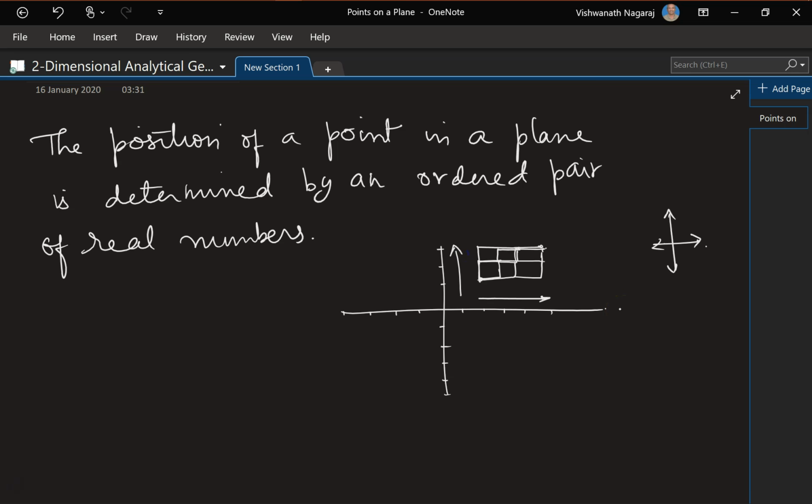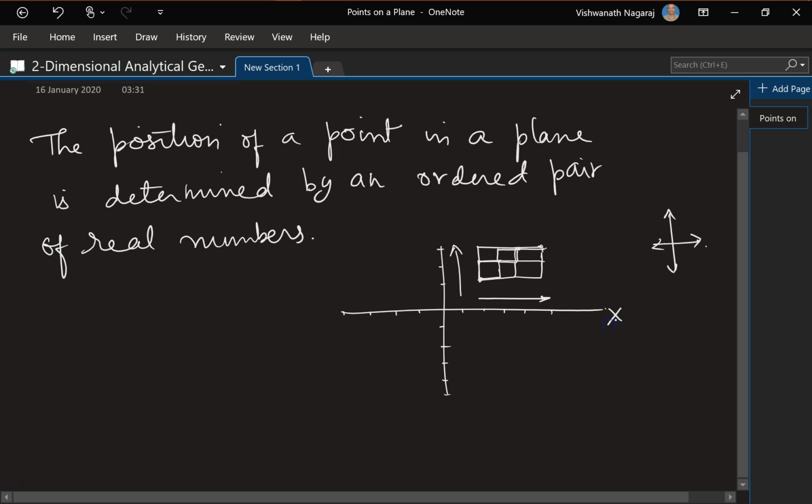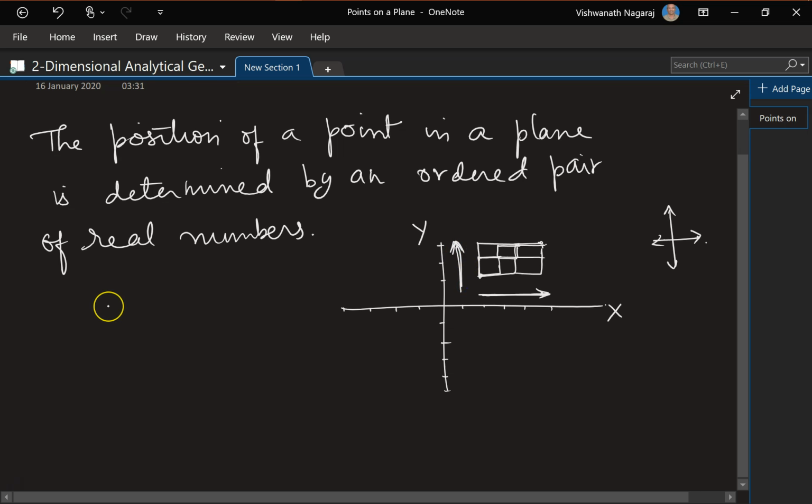Okay. And we also know that this is called the x-axis and this is called the y-axis. So what it boils down to is so many steps in x direction and so many steps in y direction. Remember, this is one number line and this is another number line. And number lines can be used to represent all the real numbers.